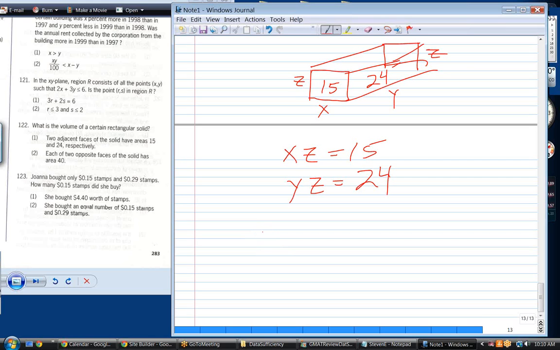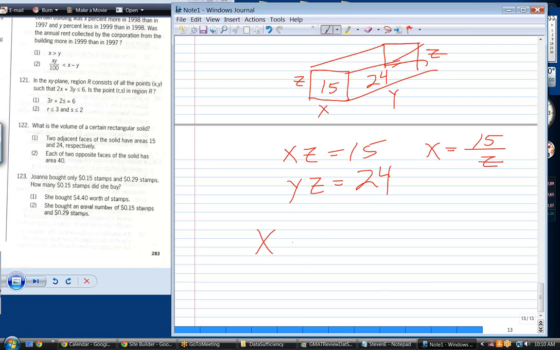Because we have three variables, I think there's no way, but let me think. x equals 15 divided by z.